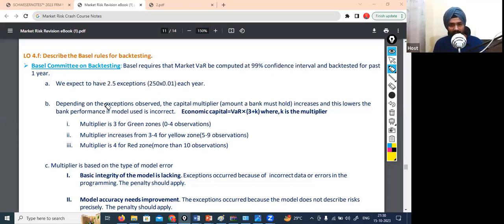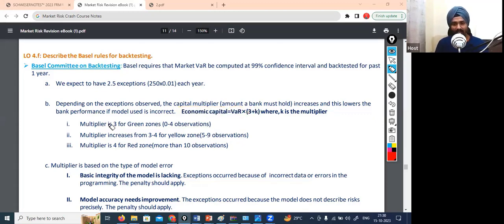Depending on the exceptions that you actually notice throughout the year, there's going to be some capital multiplier added to your VaR, the economic capital that you keep aside. To make it simple, when you calculate your economic capital, you calculate your VaR. But not only this, based on your backtesting, there's some multiplier that you need to add to this number, which is 3.